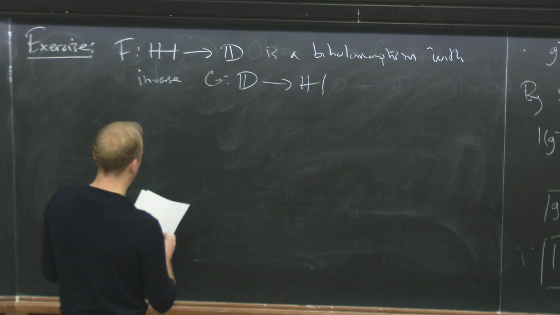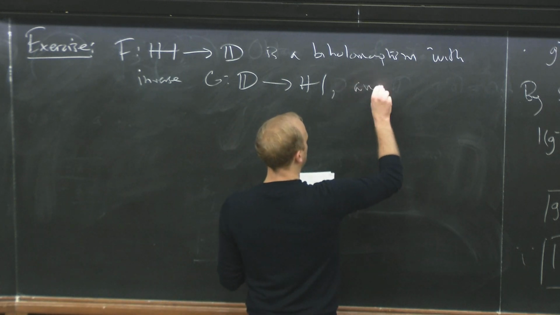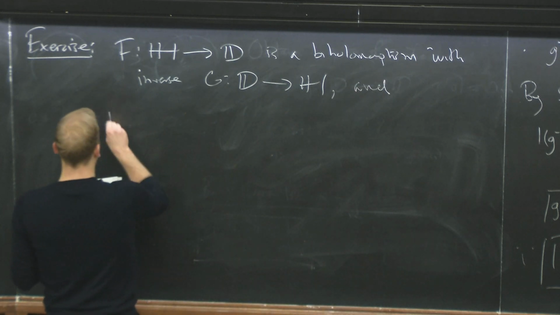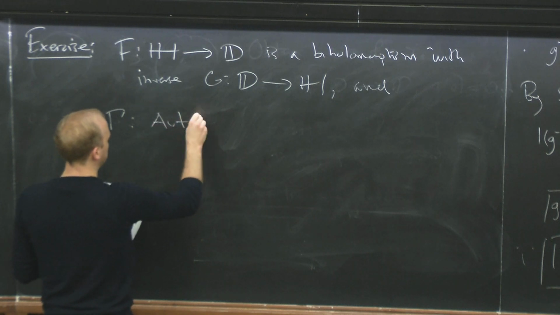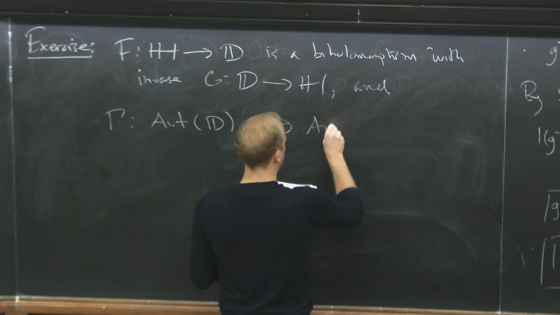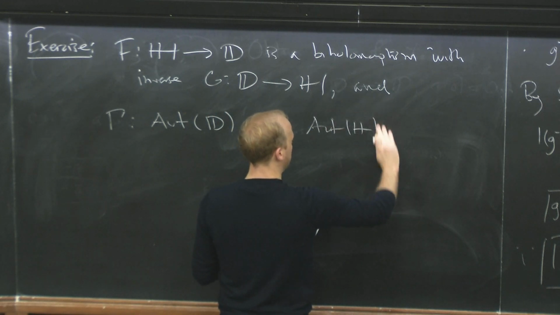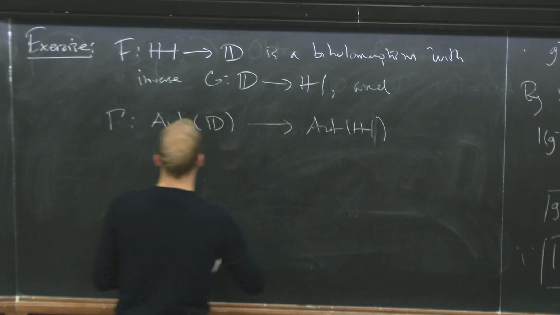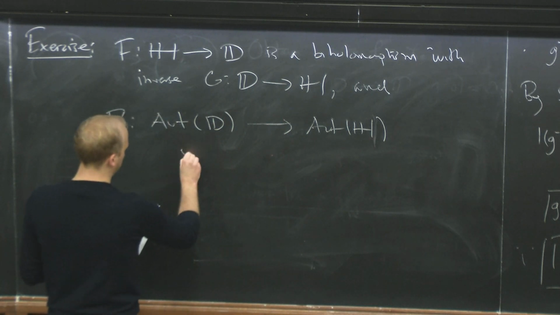And moreover, we have a map which is induced from the automorphism group of D into the automorphism group of H, which is given by a sort of conjugation.